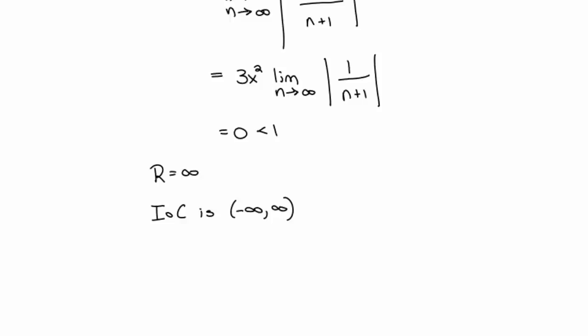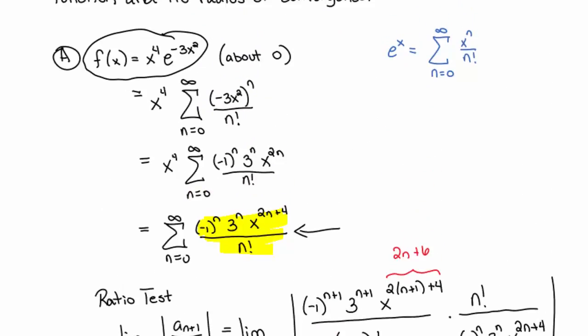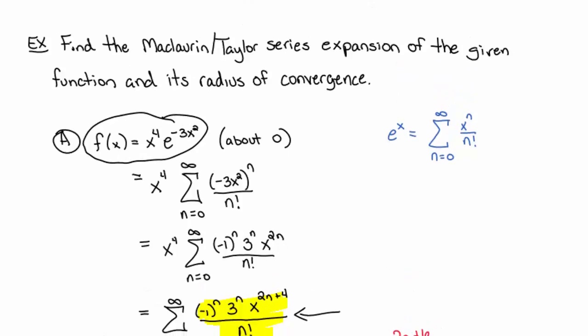All right, one other thing I should mention before we continue on with these is that in these examples, I'm not going to force us to prove that the remainder tends to 0.